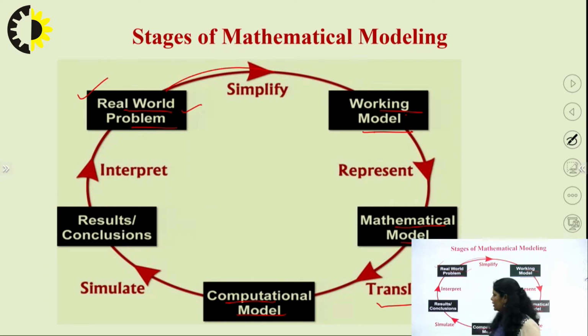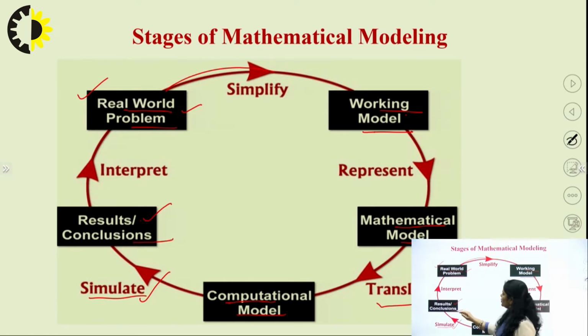After calculating, we simulate, using different procedures, techniques or methods to solve those equations, or we can say we are testing our model to check the performance. After the simulation we get some outputs, and on the basis of those outputs we will conclude.